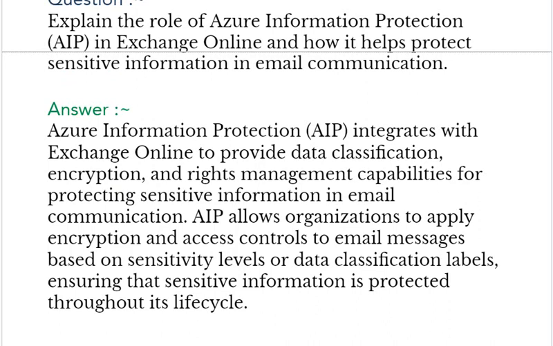AIP allows organizations to apply encryption and access controls to email messages based on sensitivity levels or data classification labels, ensuring that sensitive information is protected throughout its life cycle.